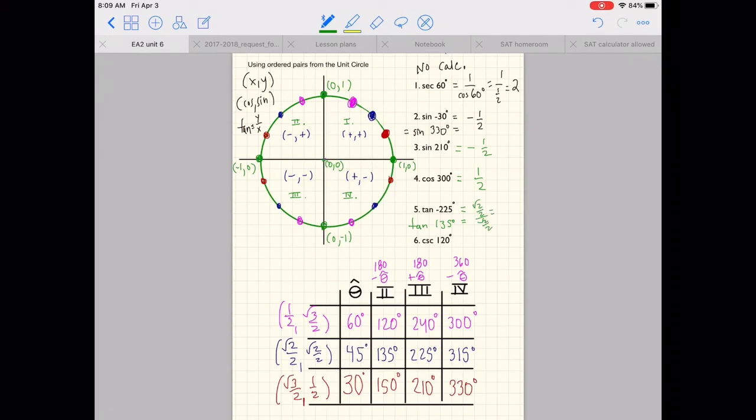What's great about root 2 over 2 over root 2 over 2 is it reduces to 1, because anything divided by itself is 1. Because we are in quadrant 2, though, we have to be careful of the signs. The y was positive, but the x was negative. So y over x, the answer is actually negative 1, or we would get that wrong.